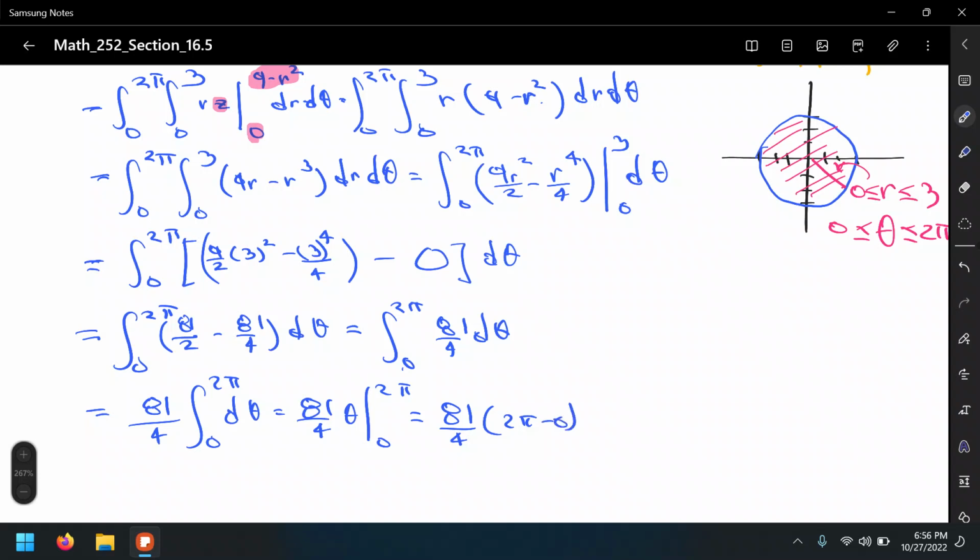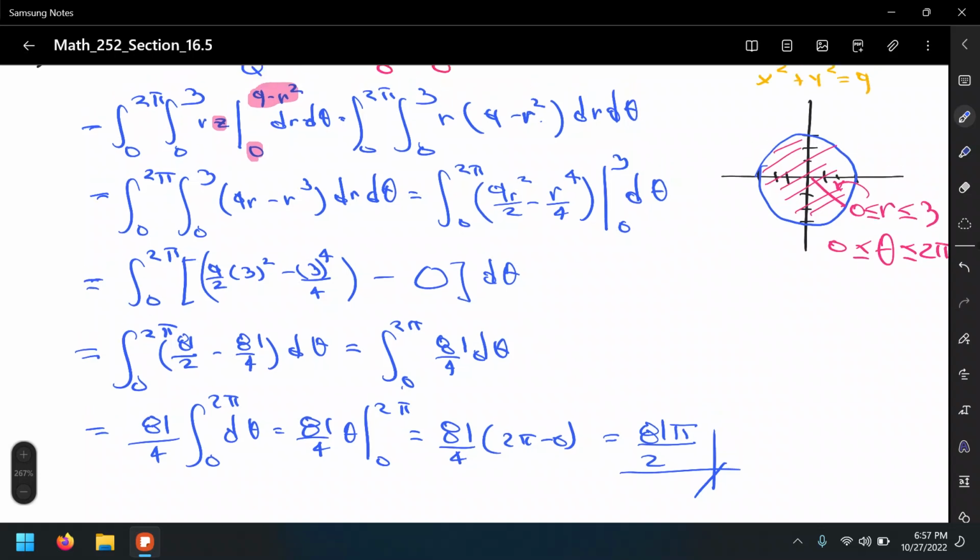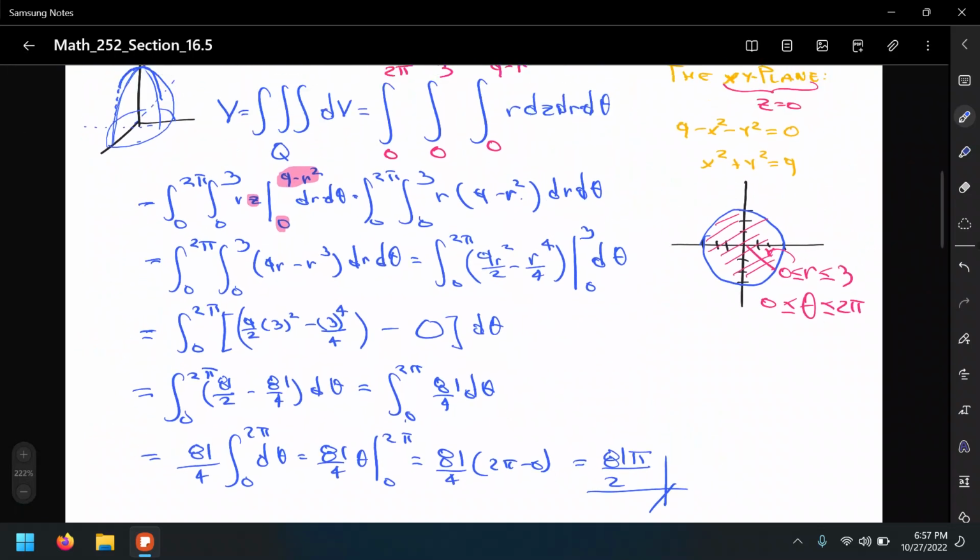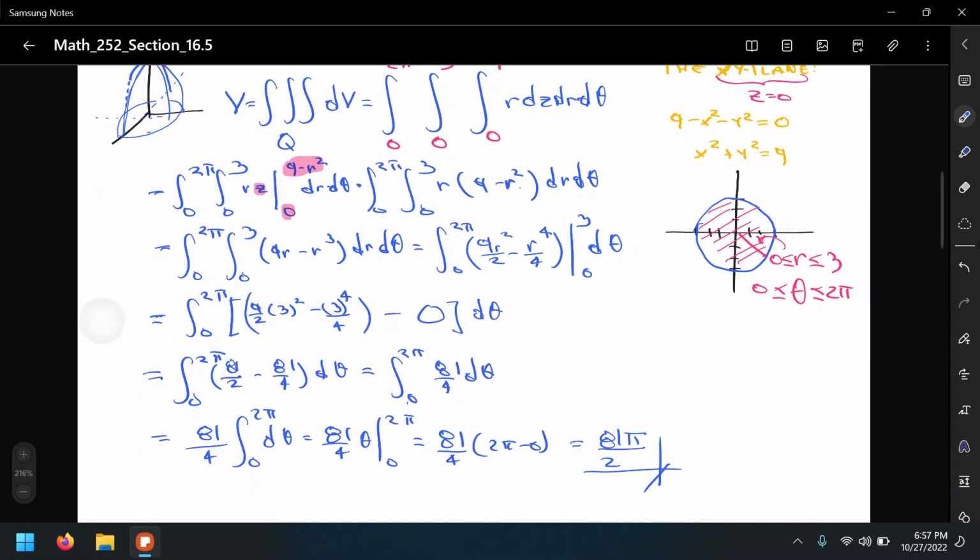And we can divide out the 2 with the 4 right here to get 81 pi over 2. That looks better. It's the volume in this case, right? Oh yes, it's the volume, so we're asked for the volume.